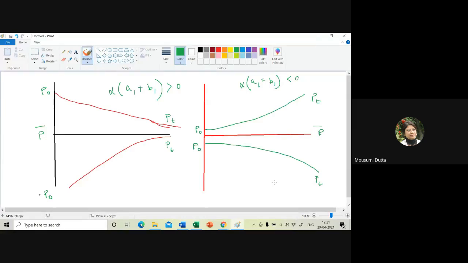The time path. Okay, so this is that. Any question?